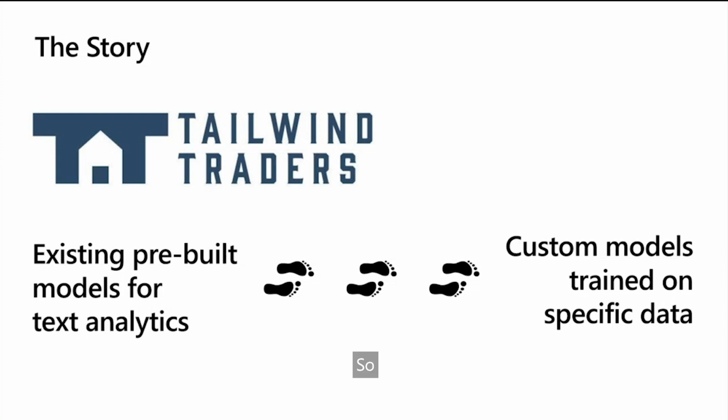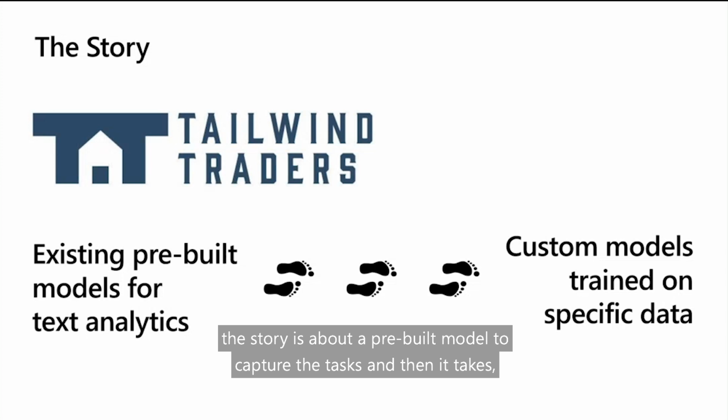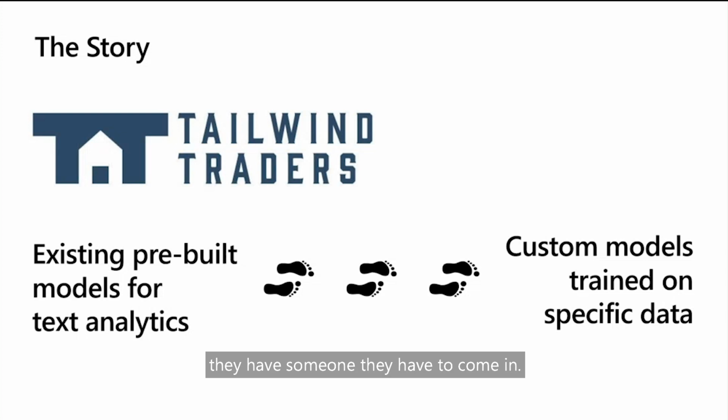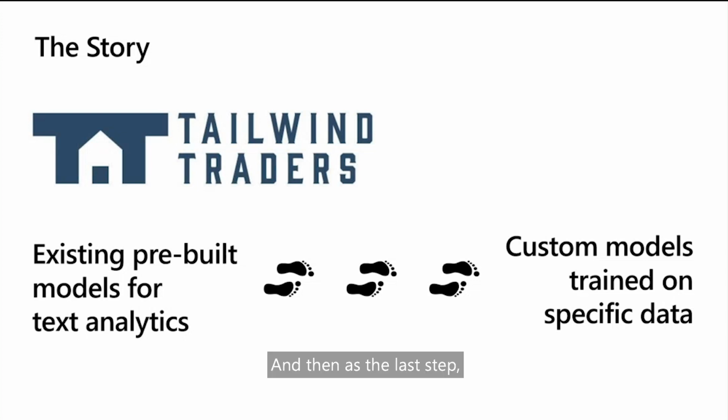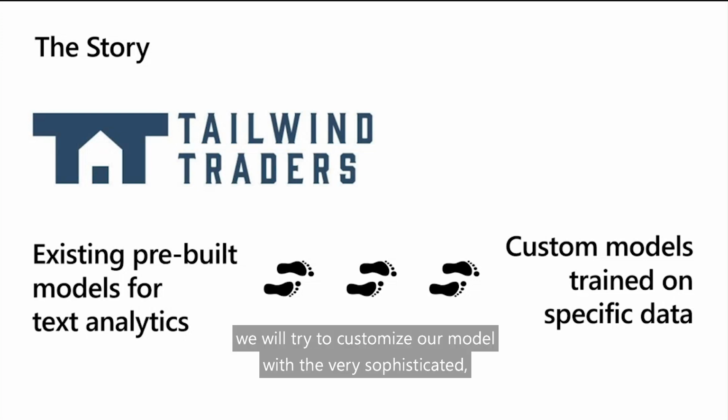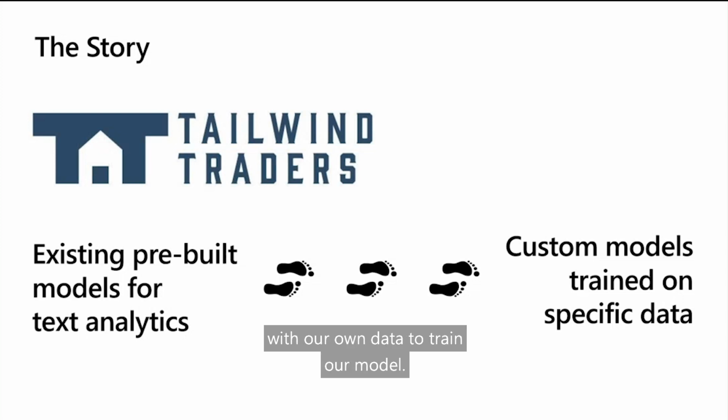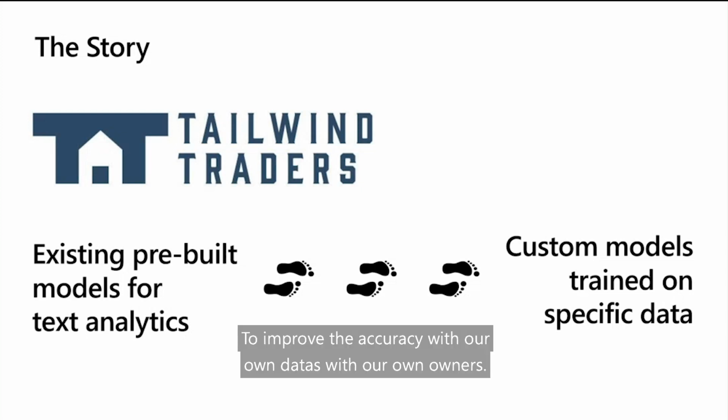The story is about using the pre-built model to capture text analytics if someone leaves a comment like "this hammer is very good to use". We use our pre-built model as the basic first step to analyze the text: is it positive or negative? And then at the last step, we will customize our model, training it with our own data to improve the accuracy with our own knowledge.